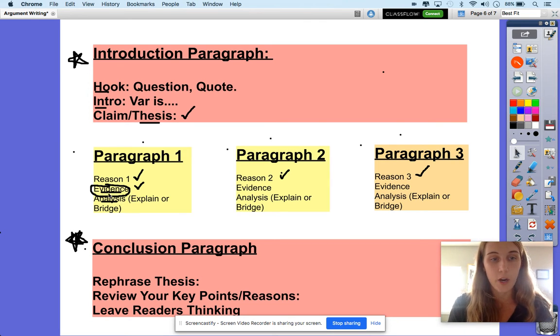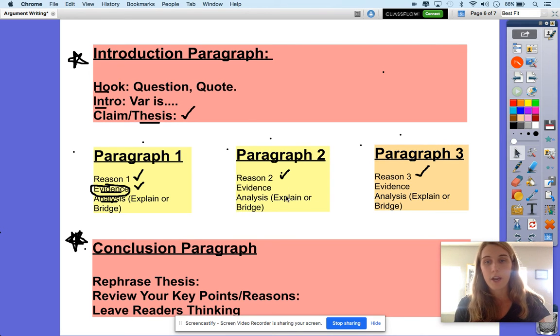Therefore, here's your analysis: VAR makes soccer a better sport because it is more fun. You bridge your reason and evidence to how they support your claim. You just write a sentence or two.